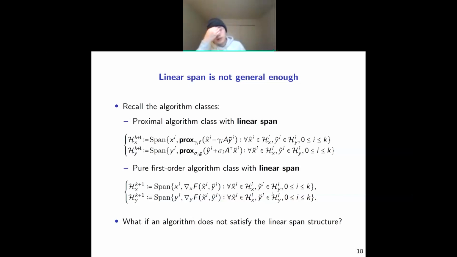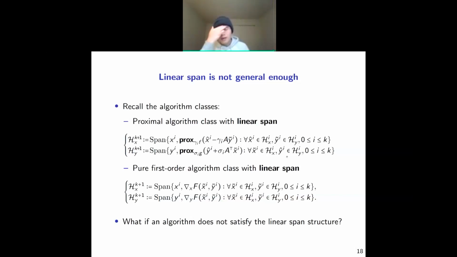But a question is, for a general first order method, in principle, you can do anything you want to this information. For example, you can take the square or square root or sine or any kind of operation on that, as long as you only use the first order information. So in this case, the resulting algorithm, no matter if it works or not, probably does not belong to this linear span class.